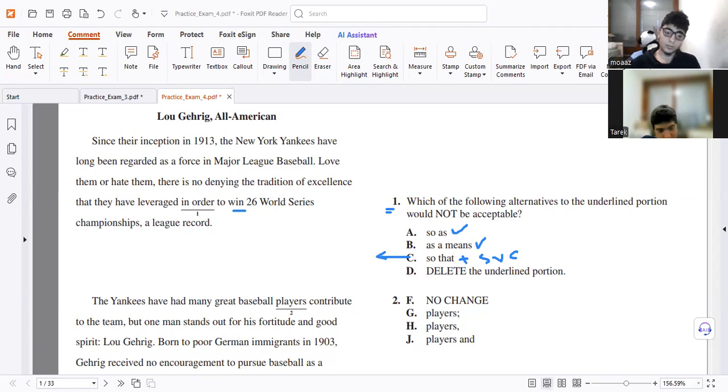It is the same meaning. Is it okay if I delete "in order"? Remember, it's "in order to," not "in order." The same meaning. "To" plus infinitive already means "in order to." Did you catch it? So letter C is grammatically wrong.